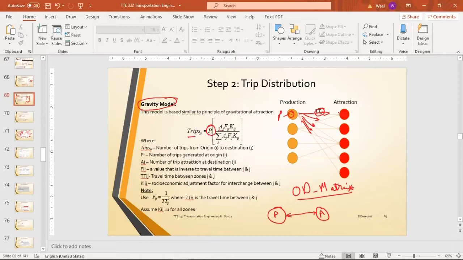So let's see what is friction, Fij. Fij is basically a function of resistance between the two masses.